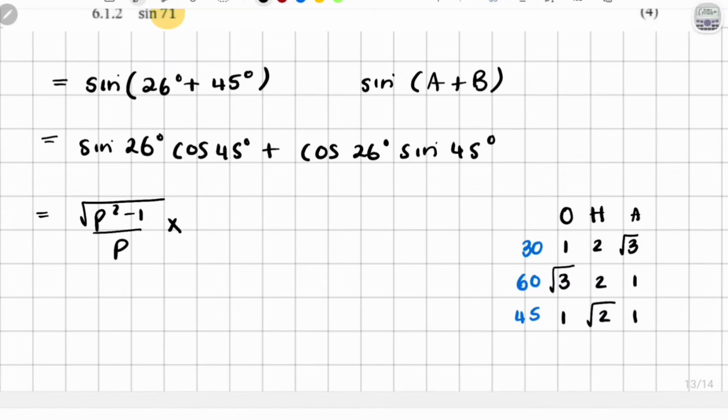So cos of 45, because we know cos says CAH, which is adjacent over hypotenuse, we're going to go to the 45 degree row, and then we're going to take the adjacent side, that is 1, over the hypotenuse, which is the square root of 2. So that is actually 1 over square root 2, okay? That's what cos 45 is.